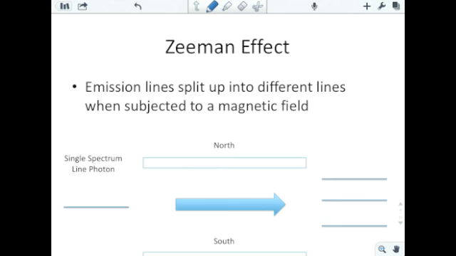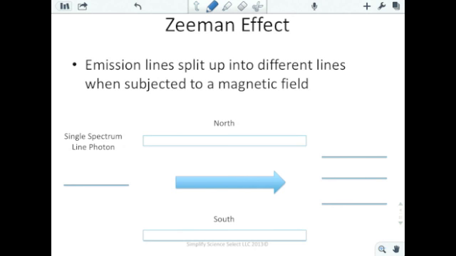But something happens when you take a single spectrum line. We take one line from our bright line spectrum and put it through a magnetic field, so we have a north and a south, a positive and a negative. That one emission line breaks up into 3 separate lines, so there has to be something else there.